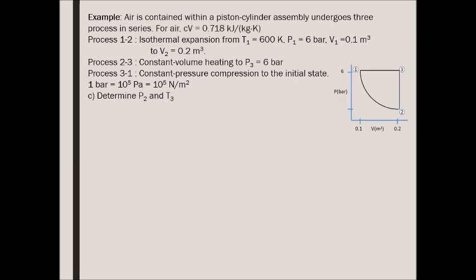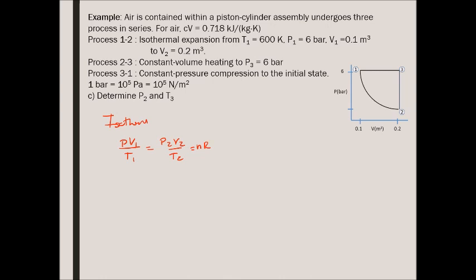Now we want to look at the temperature and the pressure for state 2. For the isothermal process, we know that P1V1 over T1 equals P2V2 over T2, which is equal to nR.